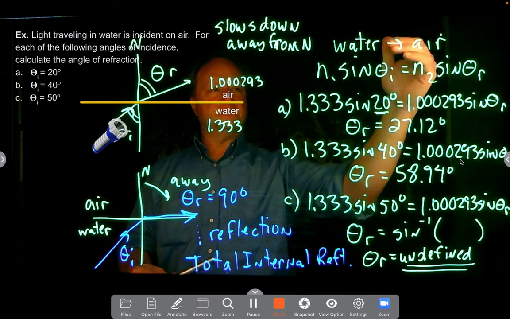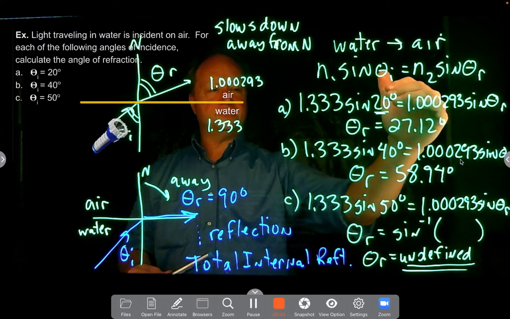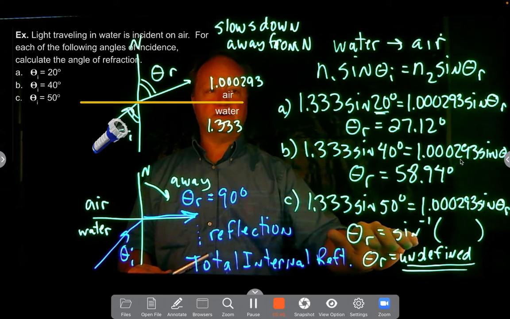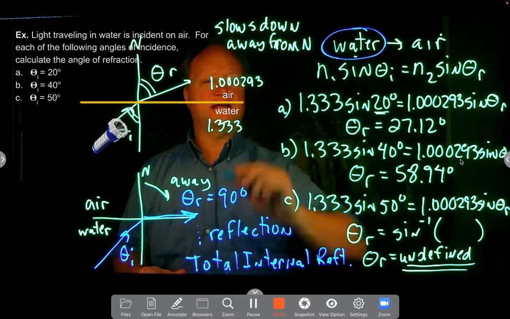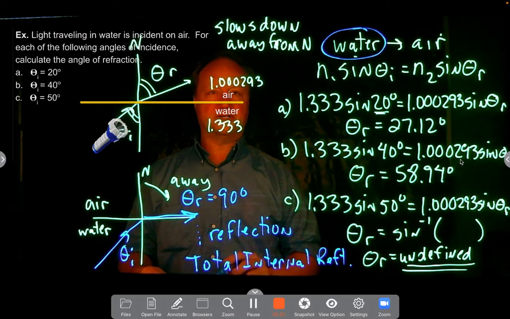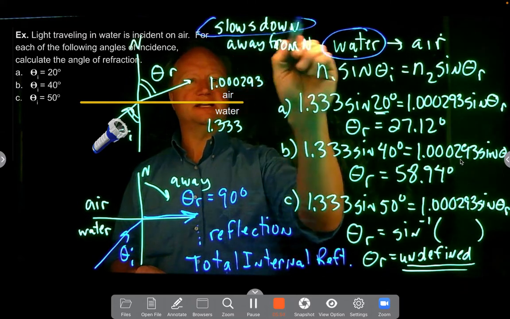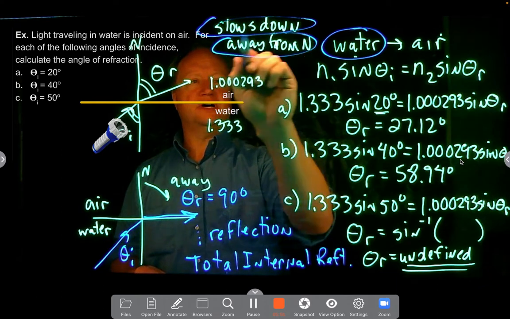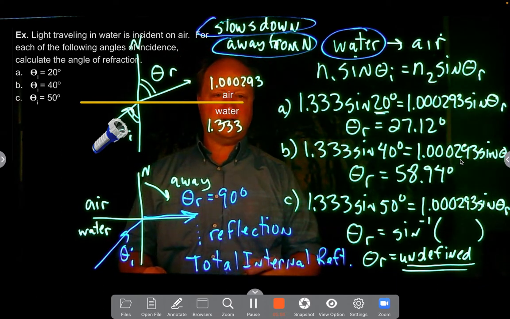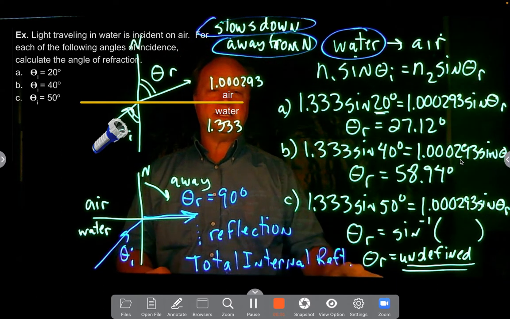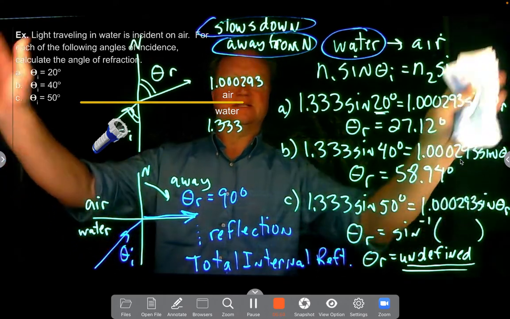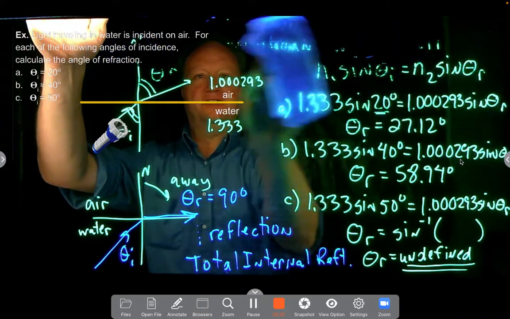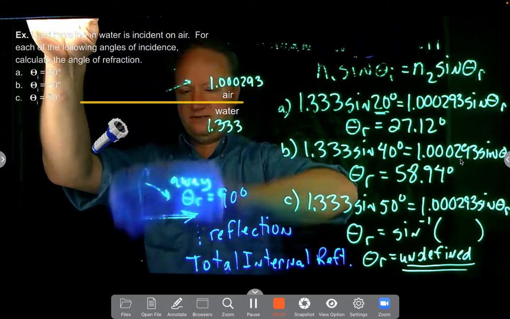So the logic is, you make your angle of incidence bigger and bigger when you start out in the substance that has the higher index of refraction. So you must have the light speeding up. You must have the light bending away from the normal in order to have total internal reflection occur. So let's define it and develop the logic a little bit more.